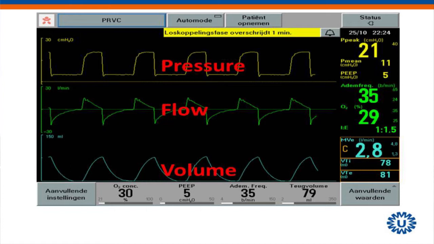But this is a bit different. Does anybody know this form of ventilation? If you're not working with Maquet, you probably don't know the term. It stands for pressure regulated, volume controlled. You must think of it as pressure controlled ventilation, but volume is targeted.